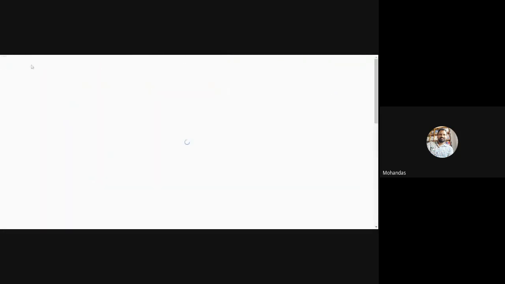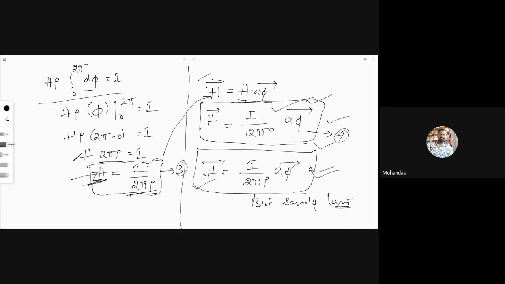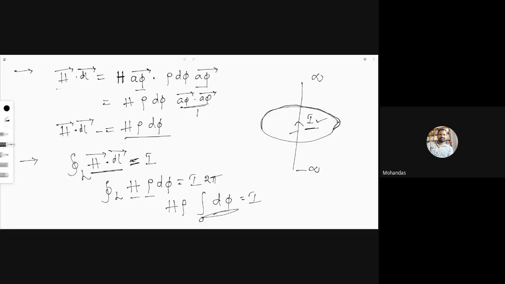After calculation of H dot dl, find the integration. H is equal to H into a phi, and dl is rho into d phi. Here a phi dot a phi equals 1, and the remaining term is H into rho into d phi. So H dot dl equals H rho d phi.